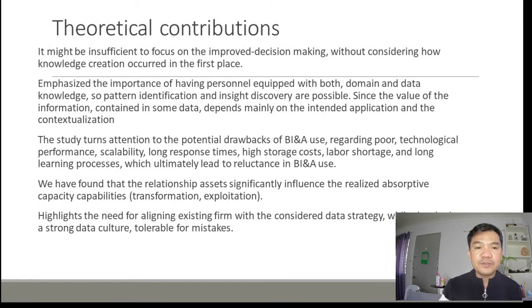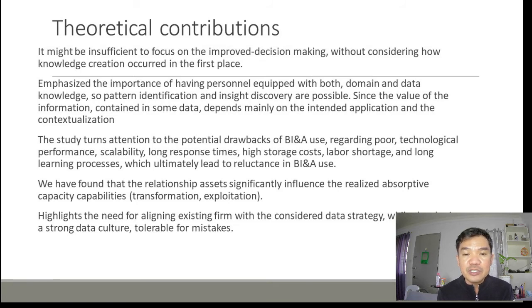So let's move to the theoretical contribution. It might be insufficient to focus on improved decision making without considering how knowledge creation occurred in the first place. This paper emphasized the importance of having personnel equipped with both domain and data knowledge, so pattern identification and insight discovery are possible, since the value of information contained in some data depends mainly on the intended application and the contextualization.